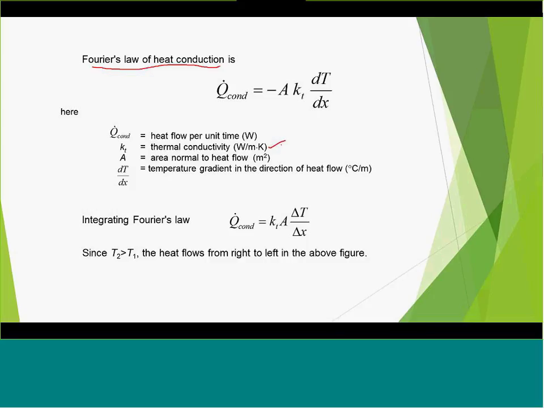I'm going to give you, in our e-learning, the thermal conductivity values for different materials. Normal to heat flow is the area, and then the temperature gradient, dT over dx, towards the heat flow.